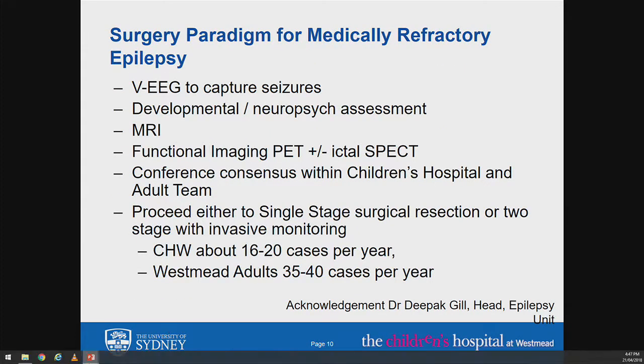This is a slide from the head of the epilepsy unit at my hospital, trying to summarise the paradigm for surgery, the approach to surgery in paediatric patients with medically refractory epilepsy. And to summarise a complicated slide, it involves multimodality assessment.